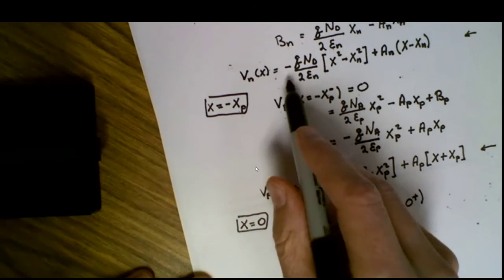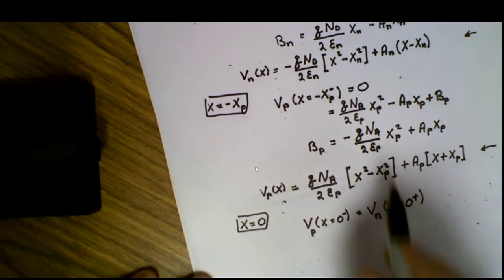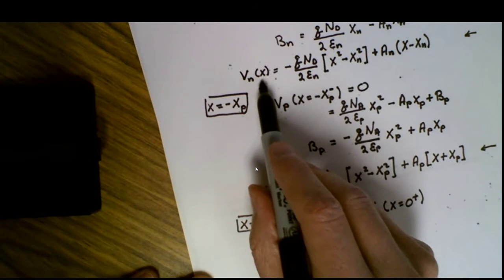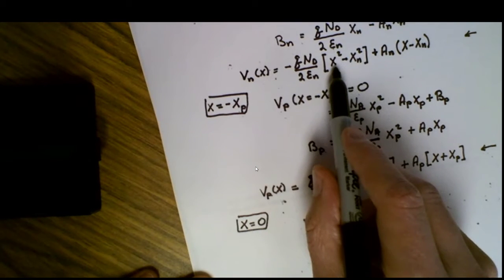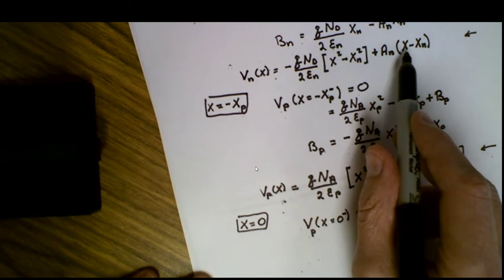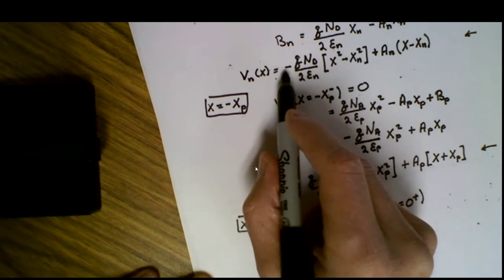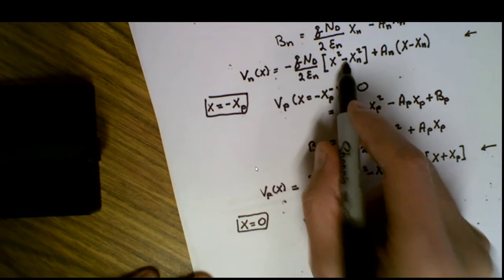Okay, so we set these two equal, and wherever we see a factor of x, we make it equal to 0. Looking at this expression, forcing x to be equal to 0, this term goes away and that term goes away. So we have a minus sign here, and a minus sign is positive.